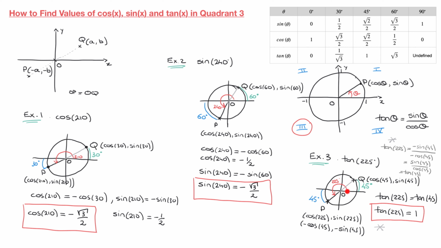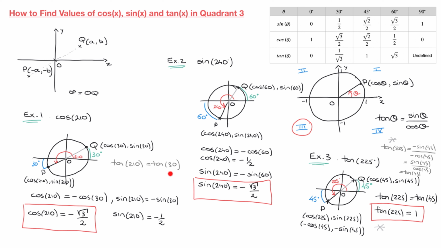So, in the same way that tan of 225 is equal to tan of 45, we could go back to either one or both of the examples we've already seen, and quickly state that tan of 210 has to equal tan of 30. And in fact, I'll quickly write that here. Tan of 210 is equal to tan of 30.